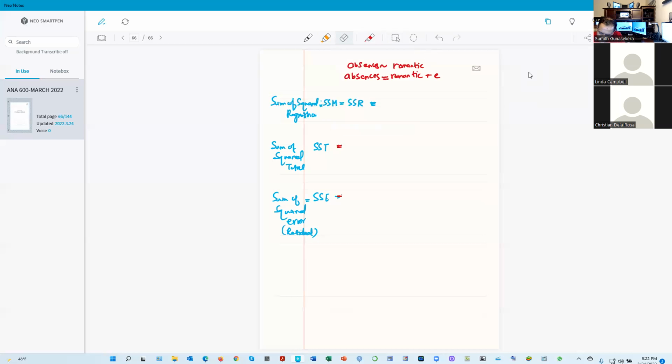So you can remember that sum of squared error means the summation of what and what? You go ahead and find the data point for Y, the number of absences.